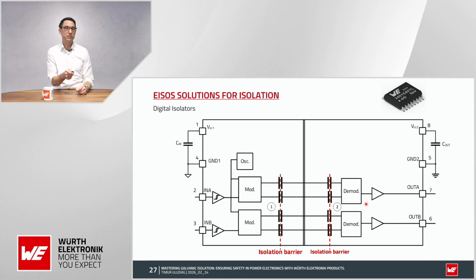The receiver here demodulates the high frequency signal into an output signal that you can see here on out A and out B. The isolation barrier of the capacitor is a special material that you use in a CMOS building process.